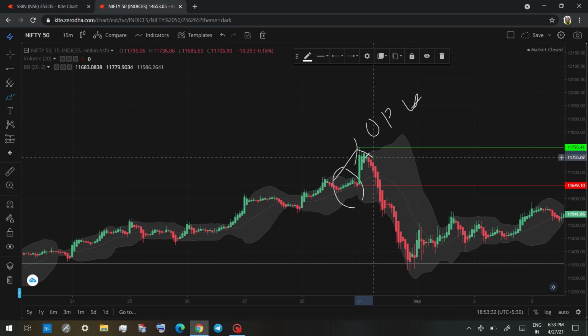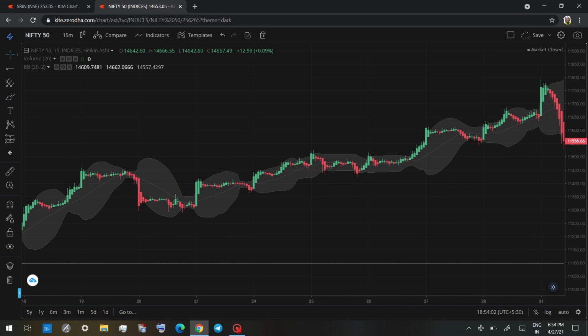So there will be a small retracement. Okay, and it breaks the previous day low. Check the previous low. This is the previous low. So what happened? It crosses the median and goes for a bearish trend.